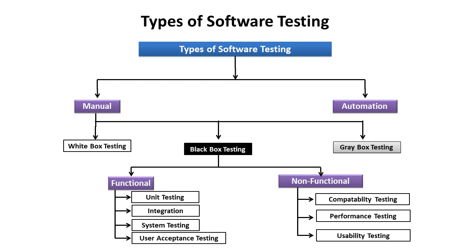Functional testing is divided into four types: unit testing, integration testing, system testing, and user acceptance testing. And non-functional testing is divided into three types: compatibility testing, performance testing, and usability testing. These all are the types of software testing.